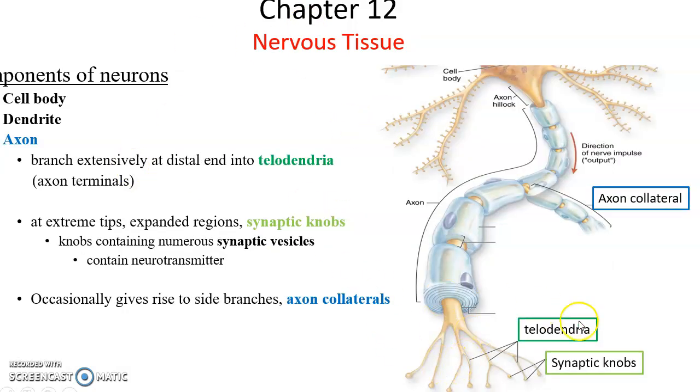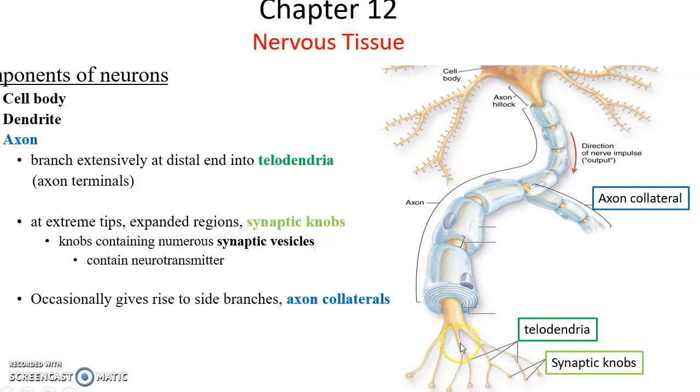Now, when you get to the end of an axon, it branches off into lots of smaller processes. This branching off is called telodendria. So at the end of the axon is the telodendria that's spread out. At the end tips of each smaller process is a widened area called a synaptic knob.